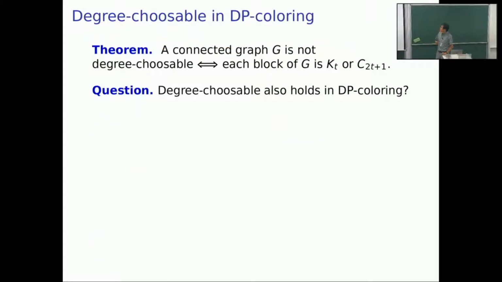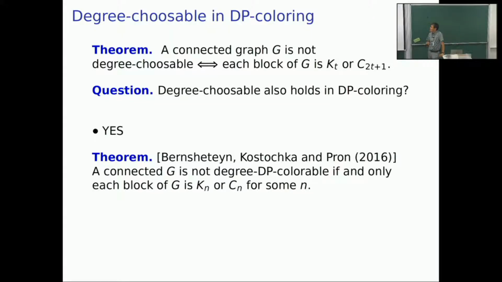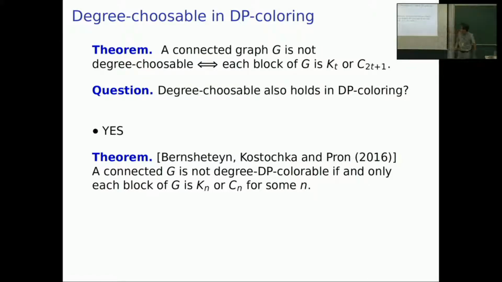So our question is, can you have a similar story in DP coloring? Actually, yes. Bernshteyn, Kostochka, and Zhu proved that the same story holds for DP coloring. Also, this story holds for multigraphs.